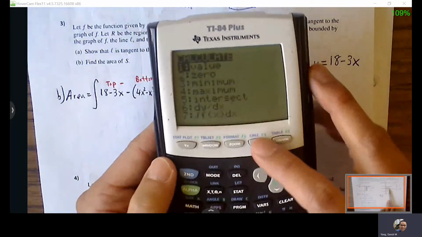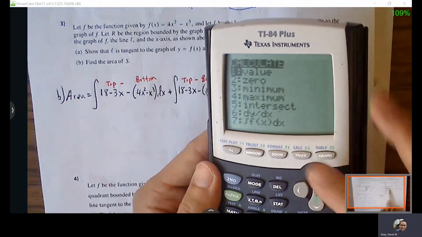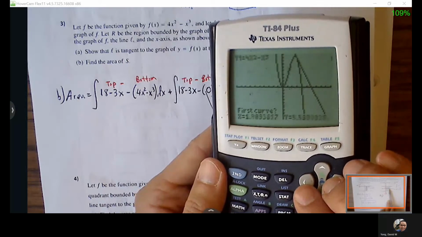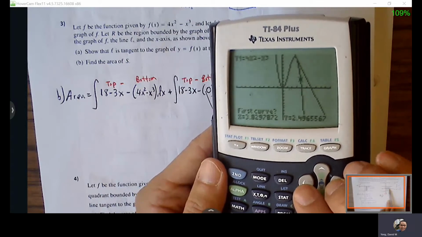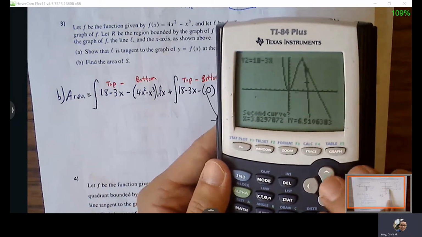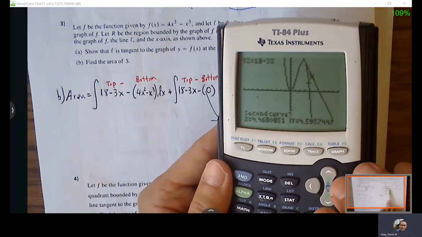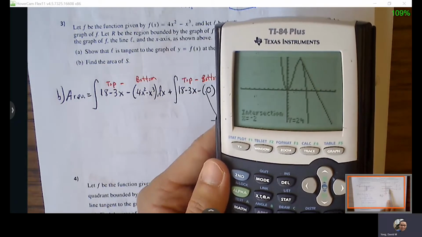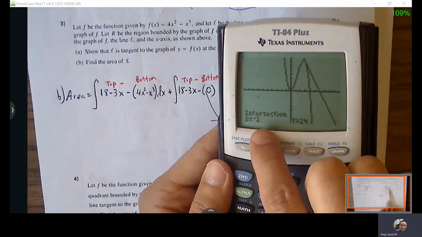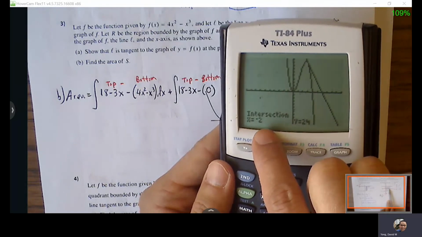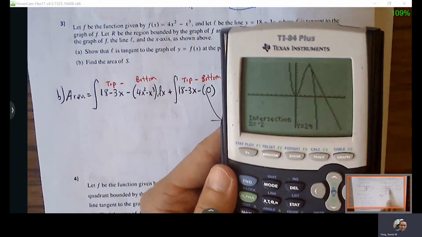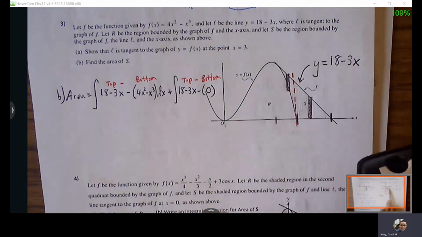If you do second trace, intersect, you can pick a point that is on the curve, hit enter, pick a point on the line, hit enter, and it should find that intersection for us. Hit enter again. X equals. Okay, so it's all the way up here. Hold on, let me see. I need to find a closer point here.